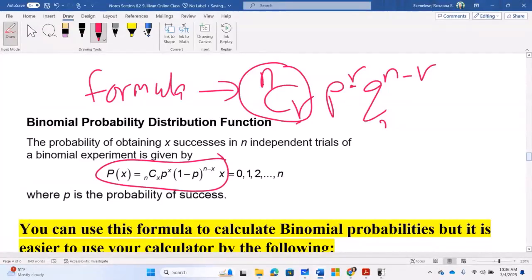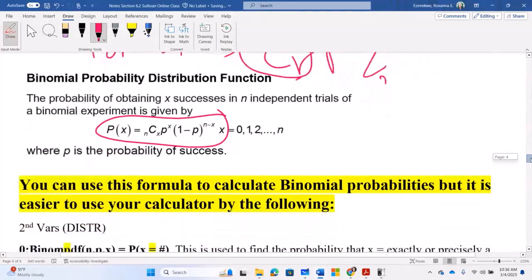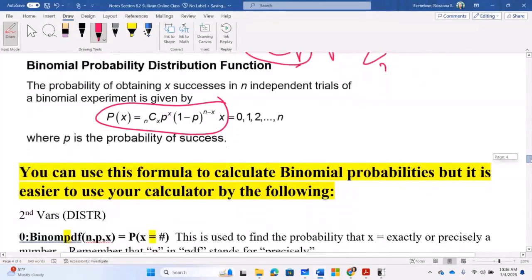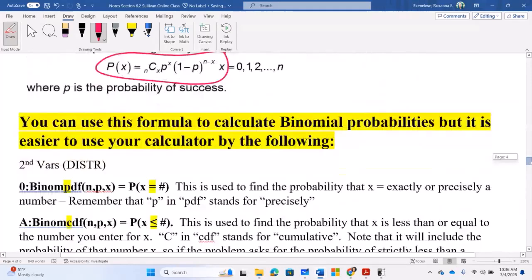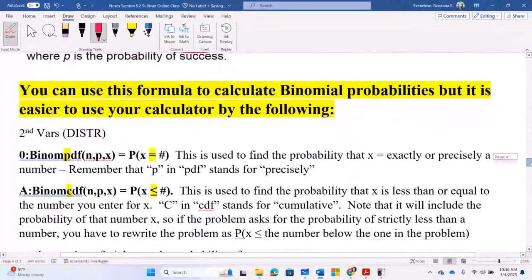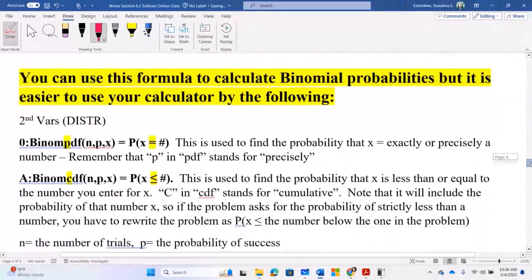You must know the formula offhand, by the way. And then you should be able to also use a calculator to do the calculation. I will soon show you how to use a calculator to do the calculation. Okay, so that is the binomial formula. You can use this formula to calculate binomial probabilities, but it is easier to use your calculator. So I'm going to show you how to use the calculator also.